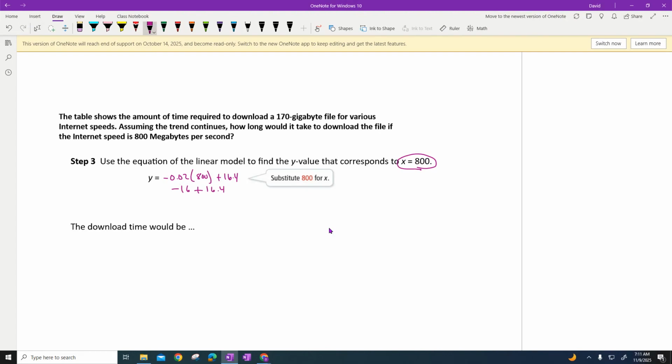So I know negative 16 point something is going to leave me at y equals 0.4. So the download time would be 0.4. What are our units up there?